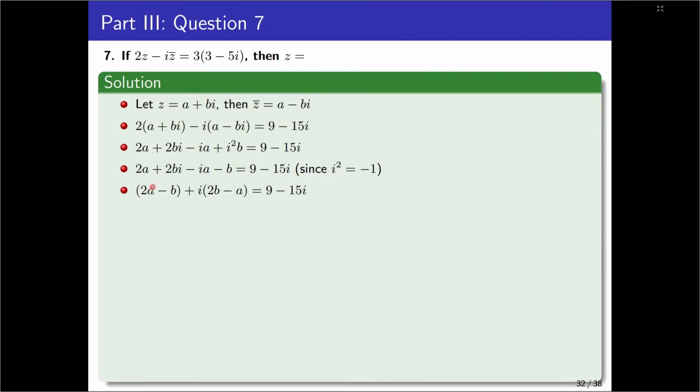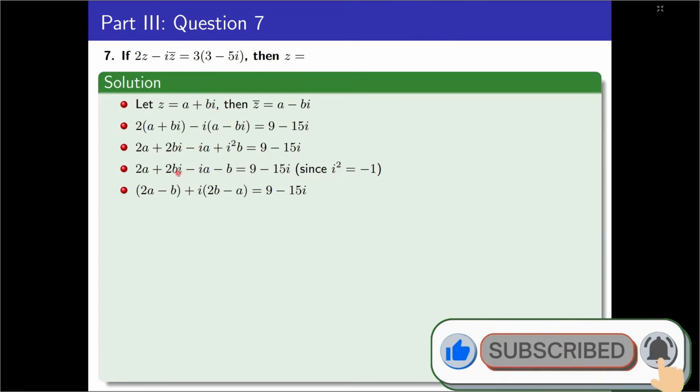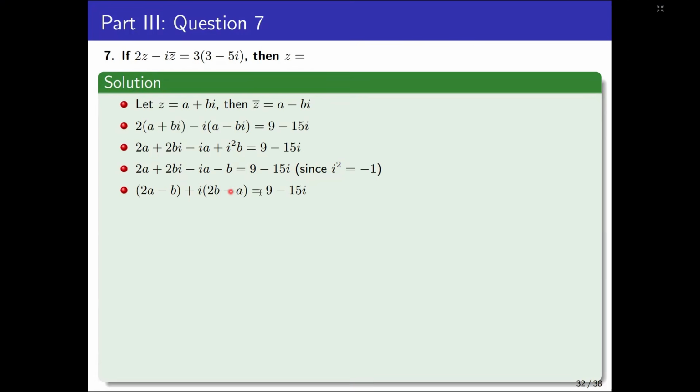Then collecting the real and the imaginary terms, that is, the terms without i and the terms with i, we have 2a minus b, plus, factoring i as the common factor, i times (2b minus a), is equal to 9 minus 15i.